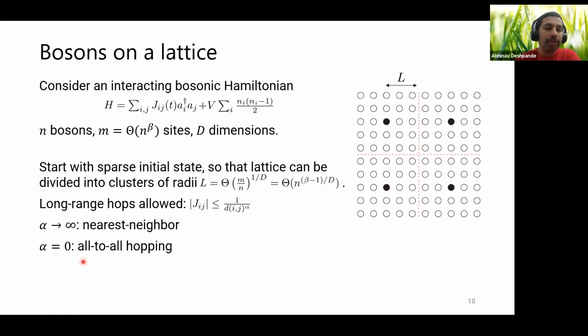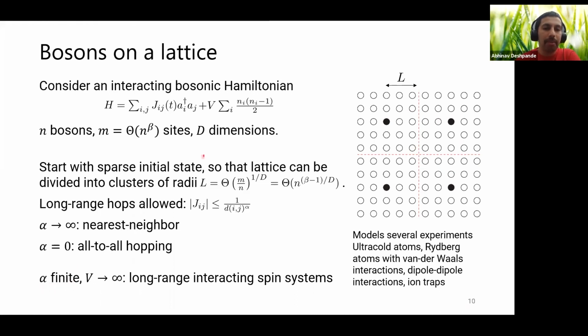The intermediate regime, when alpha is finite and the on-site interaction strength goes to infinity, actually corresponds to that of long-range interacting spin systems. So to summarize, this Hamiltonian models several experiments: ultra-cold atoms hopping on an optical lattice, Rydberg atoms with van der Waals or dipole-dipole interactions, and ion traps. They're all modeled by this kind of Hamiltonian.